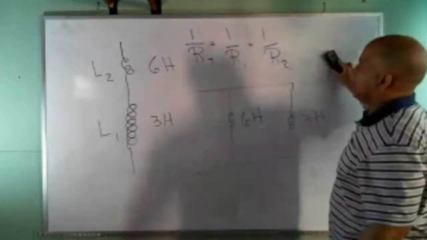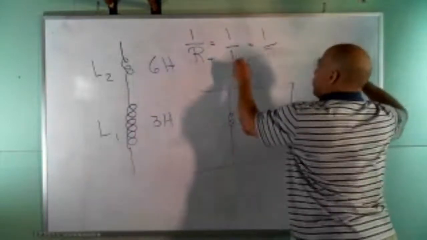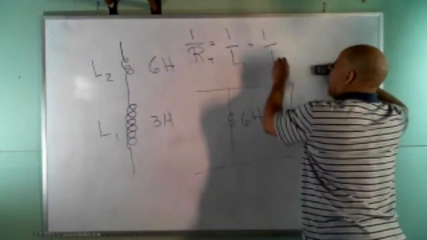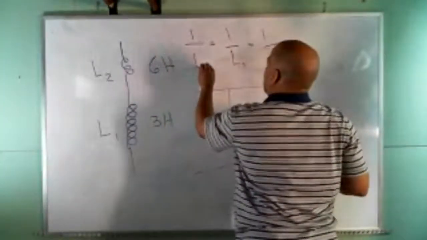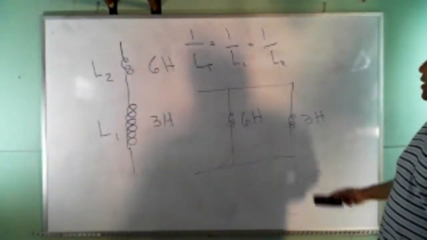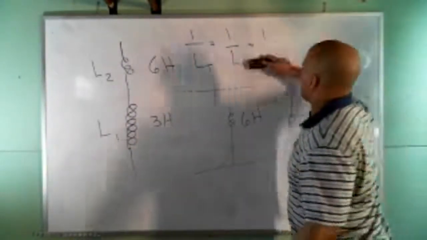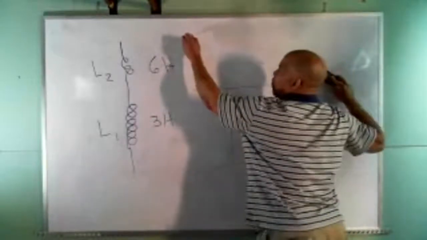Change them all to L's: L1, L2, and LT. The easiest one to use is the product over the sum.